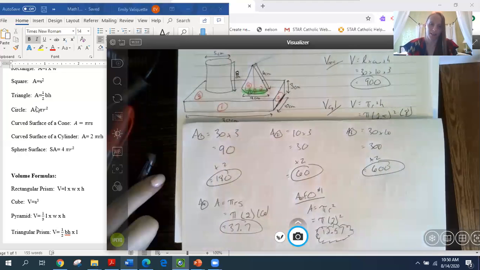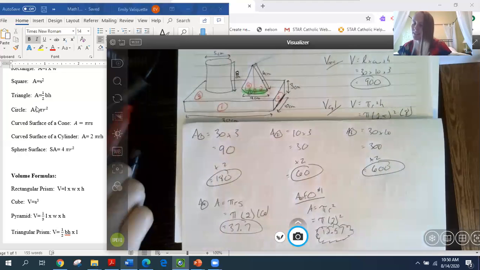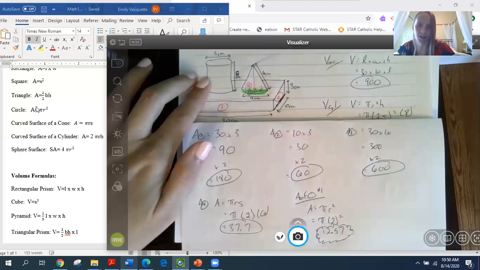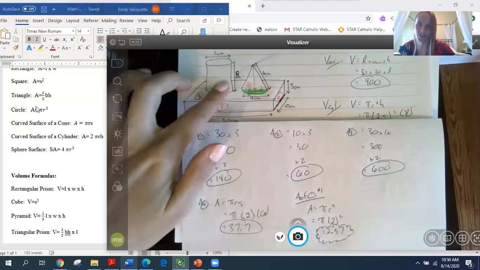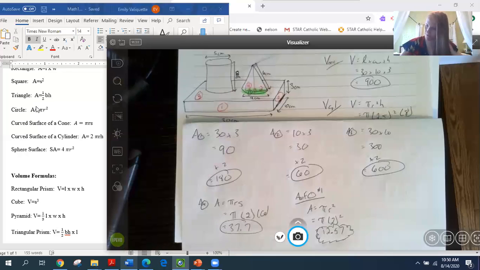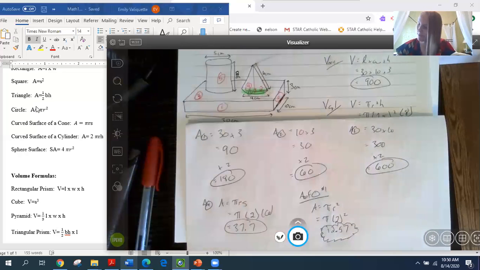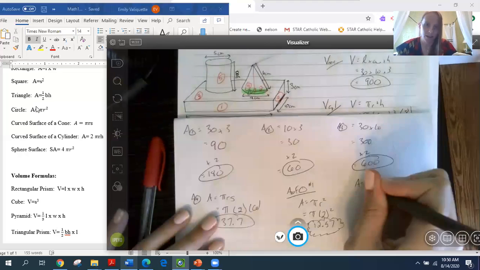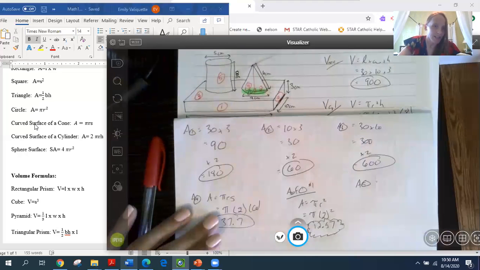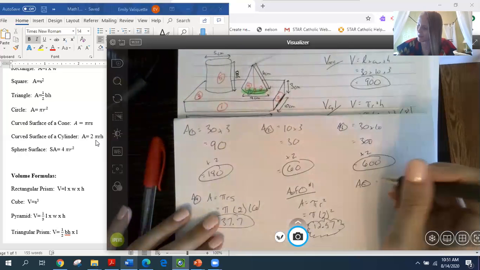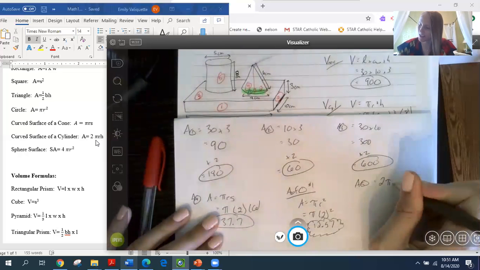And then we get to our last shape, which is this cylinder here. I'm going to start by finding the area of this curved face of the cylinder. That's area number 5. The curved surface of a cone is pi r, oh no, it's not a cone, the curved surface of a cylinder is 2 pi r h.